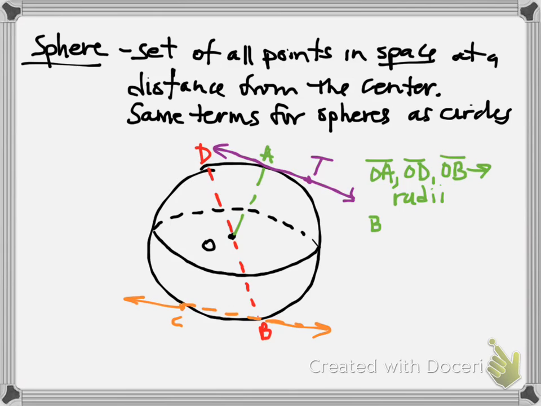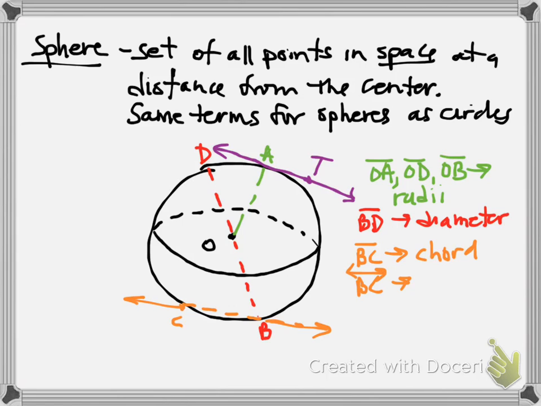Segment BD is a diameter. Segment BC is called a chord. You can see some of the dash still there in the sphere. If I say line BC, what's that called? Secant.